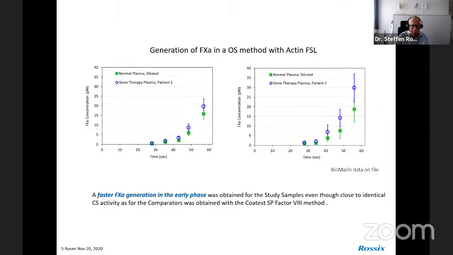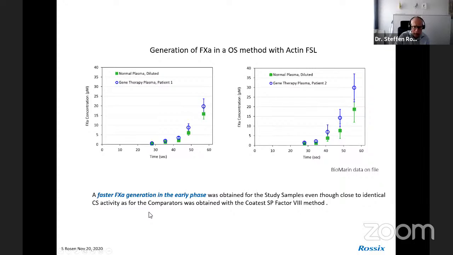Now, the result on ten-ase generation in a one-stage method with Actin FSL: you can see that there was a faster ten-ase generation in the early phase for the study samples versus the comparators, even though close to identical chromogenic activity was obtained with the Coatest SP factor 8 method using the 5 minutes activation time.